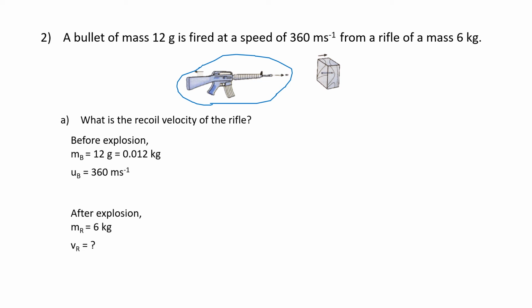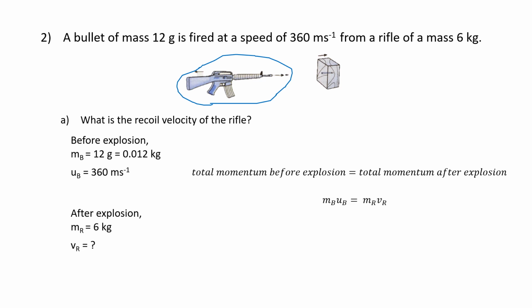Applying the principle of conservation of momentum, total momentum before explosion is equal to total momentum after explosion. You need to write the formula and then put in the values. We find the recoil velocity of the rifle, so the answer will be 1 meter per second.